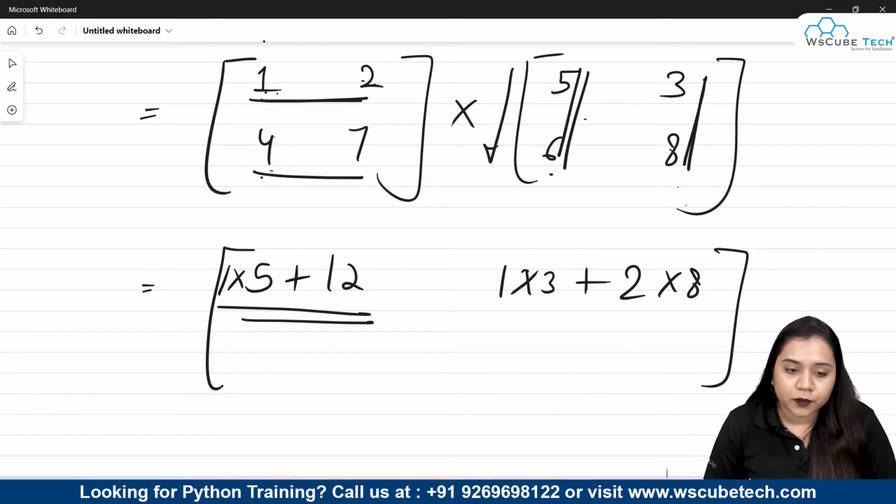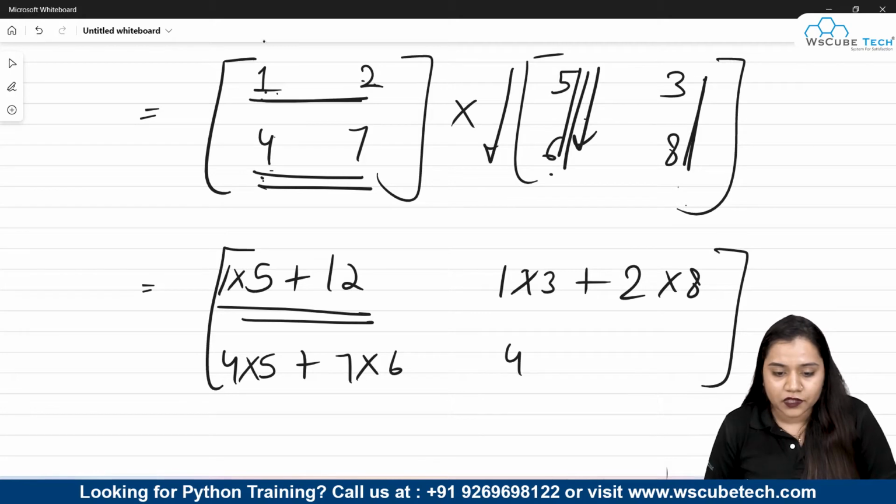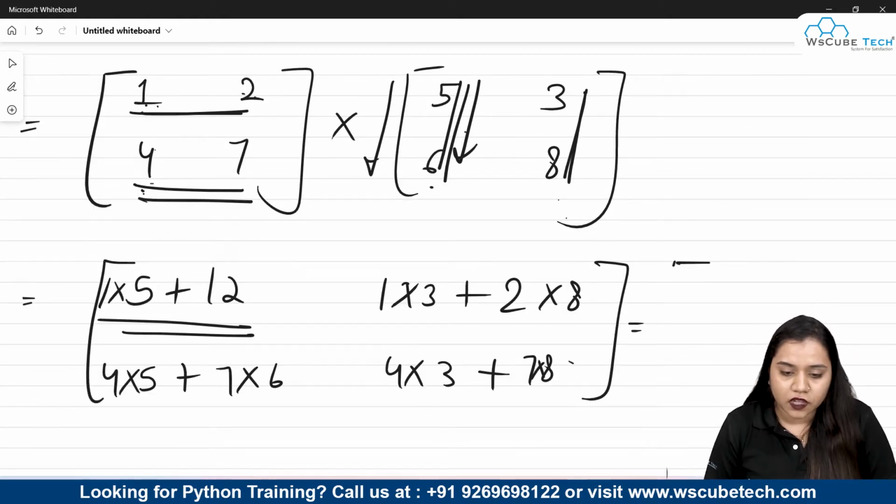My third value would be 4, 7 with the same column, that means this row multiplied with the first column. So 4 multiplied by 5 plus 7 multiplied by 6, and 4 multiplied by 3 plus 7 multiplied by 8. Here the output would be 5 plus 12, that is 17.